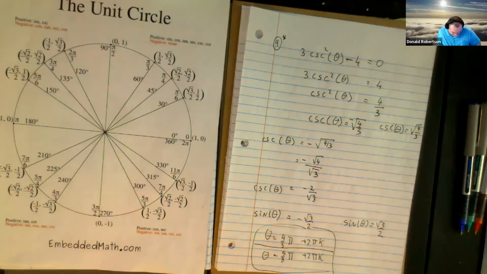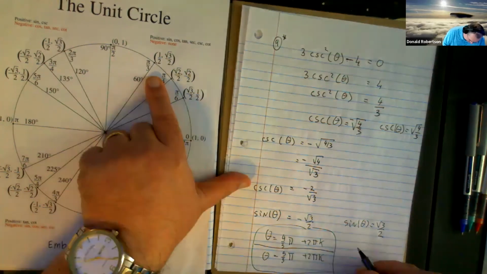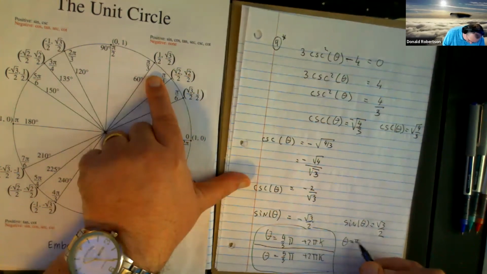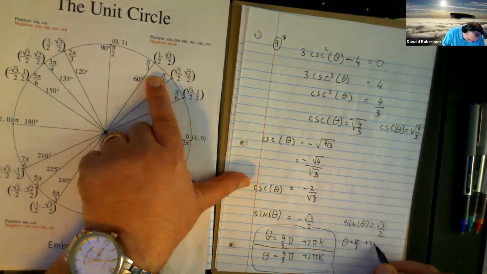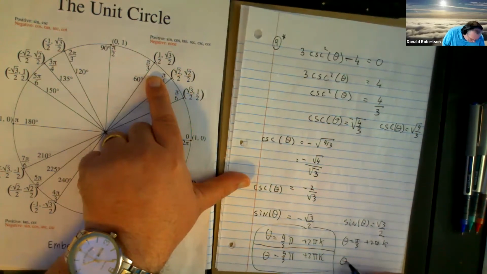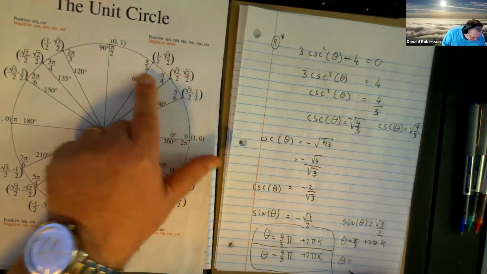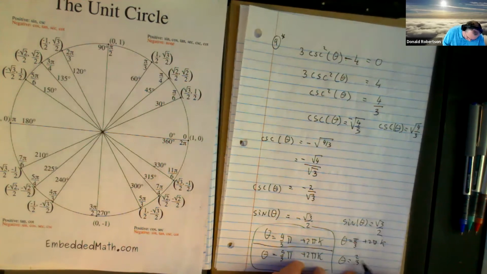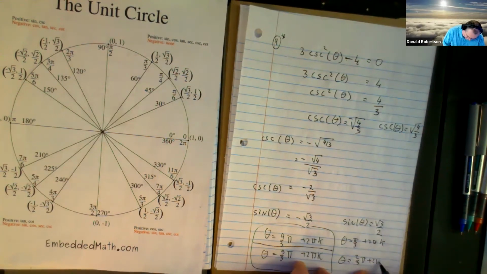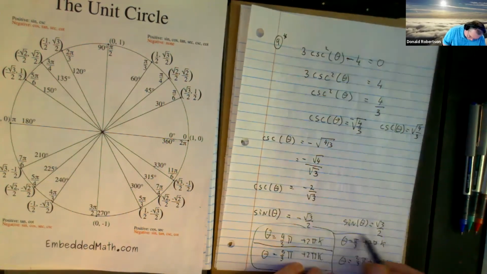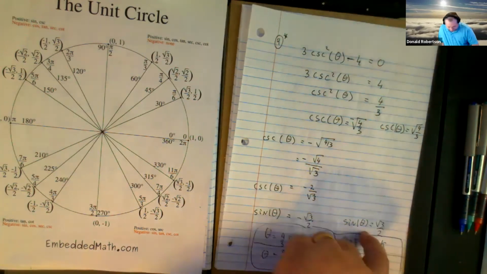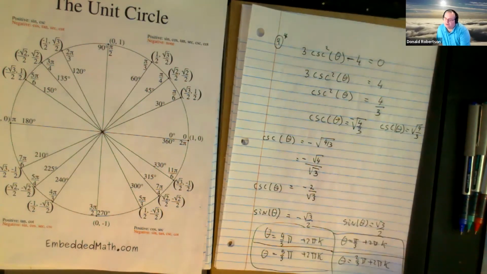So I'm looking for two places where the y coordinate is positive, and that's at pi/3, and the other one is going to be 2/3 pi. So there are your four solutions.